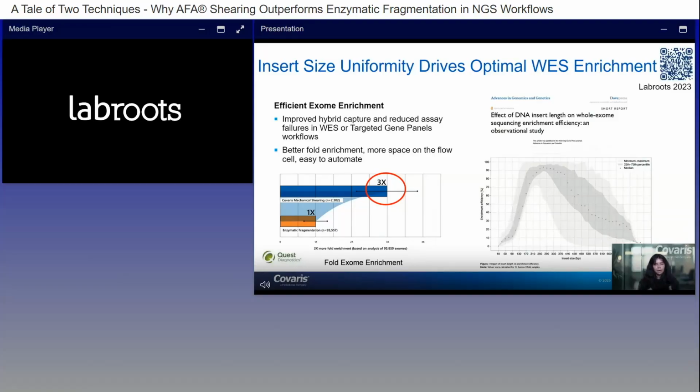This really shows you that this process of enrichment is actually quite sensitive to fragment size. If you want to take a closer look at the underlying mechanism here, you can take a look at this second figure, which shows research indicating that enrichment in whole exome sequencing is really sensitive and dependent on insert size, with enrichment actually going down above and below the target size.